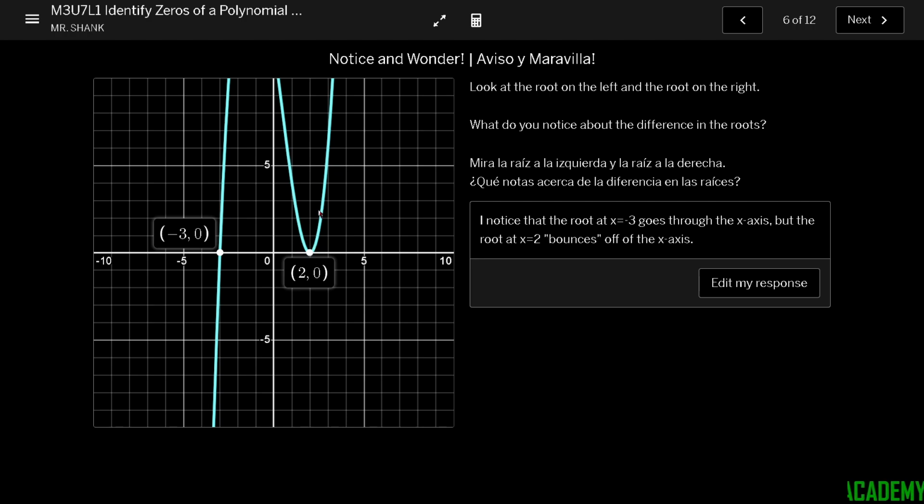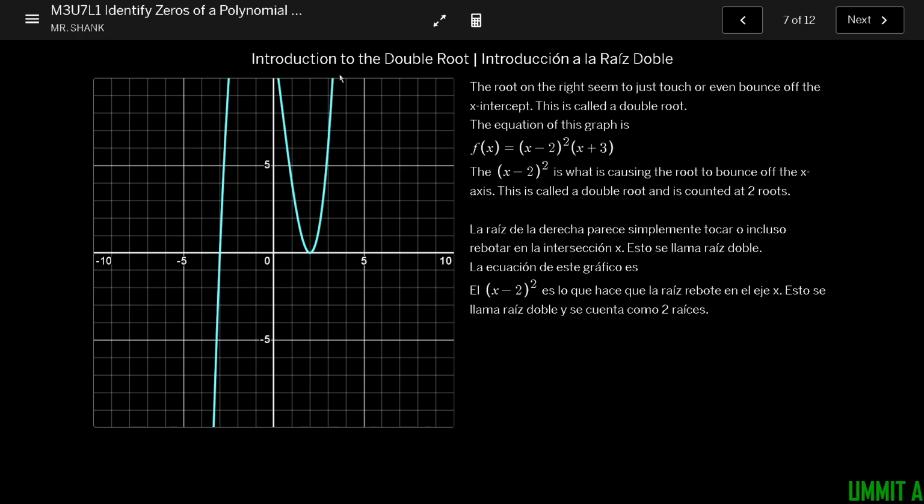So it's almost like a bouncy ball, where it does not pass through the x-axis. So it goes through that point 2, 0, but it does not pass through that x-axis, I should say. This still means, though, that it is a root because anywhere I have a point where the y value equals 0, it is still a root. So let's talk about what that's going to be labeled as. So we're going to call that a double root.